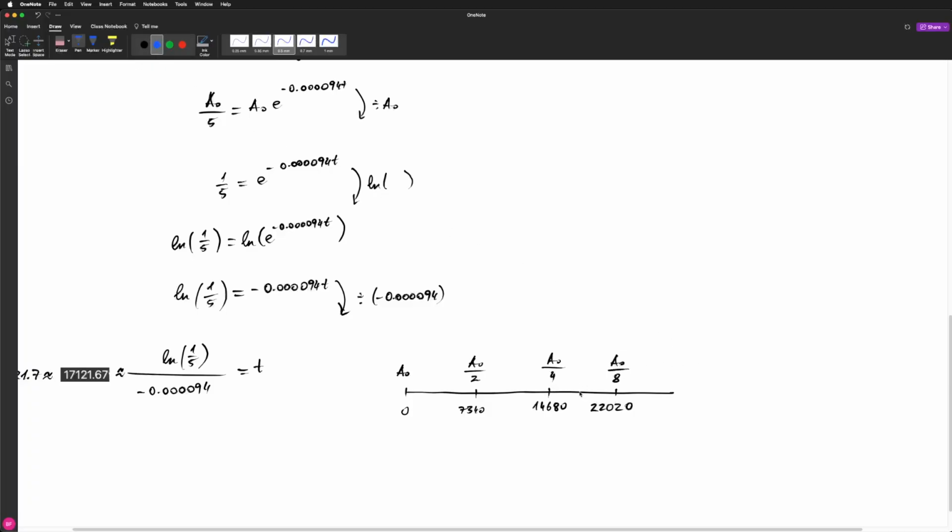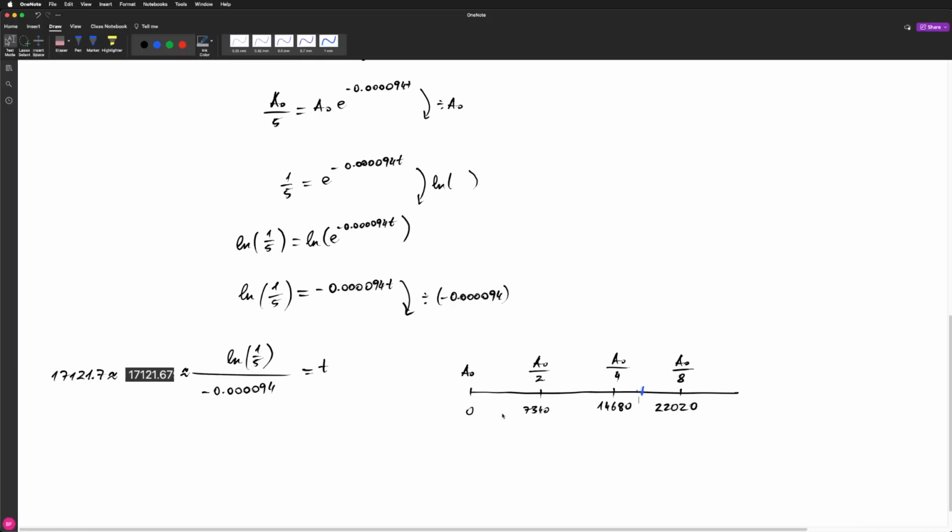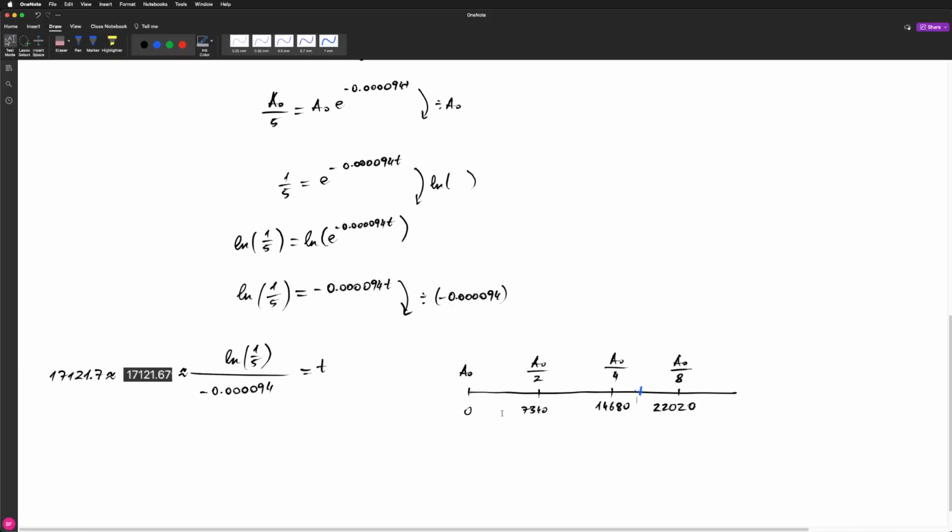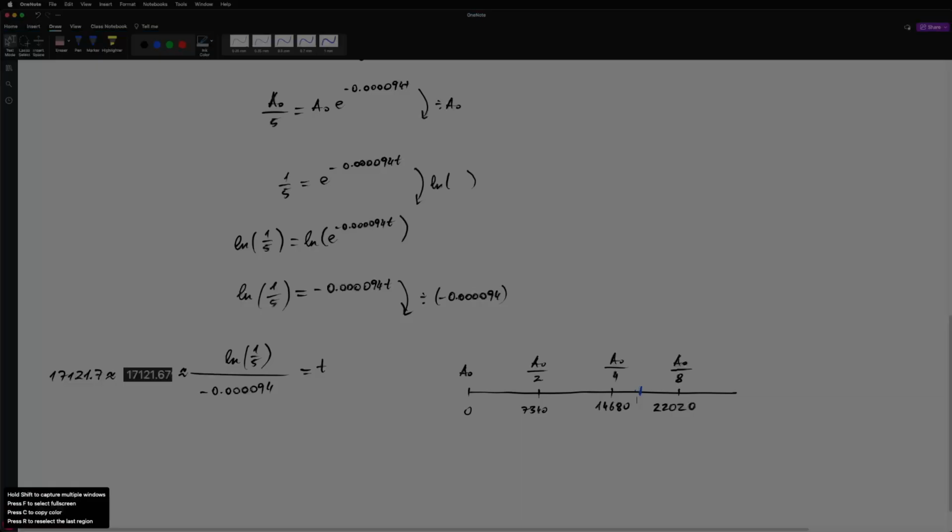So does my answer fall into the right range of numbers? It kind of does, right? It's somewhere here. And my answer seems to make sense. So I go to the answer key and check it real quick.